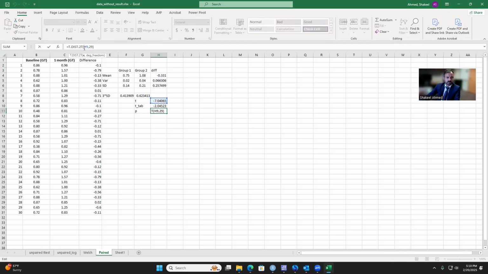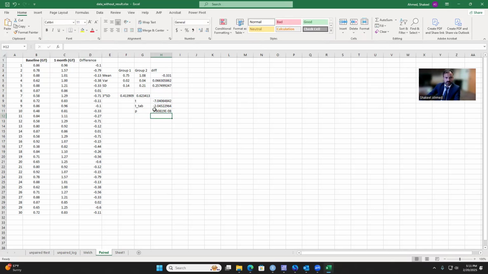Except the negative value. So let's see, enter the value on the positive side. So it's minus 7.04. So we'll just use the absolute value of the test statistic, and that is the p-value for a two-tailed test.